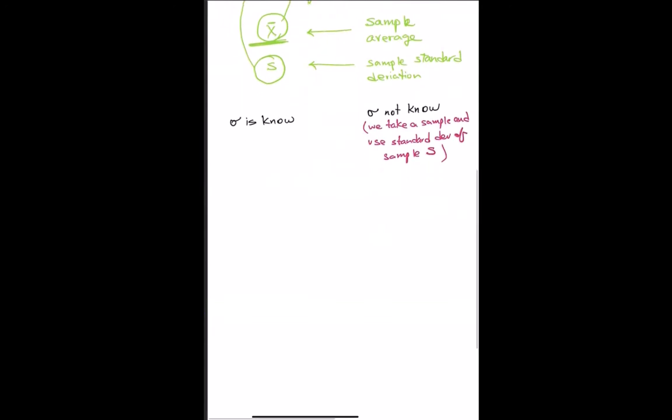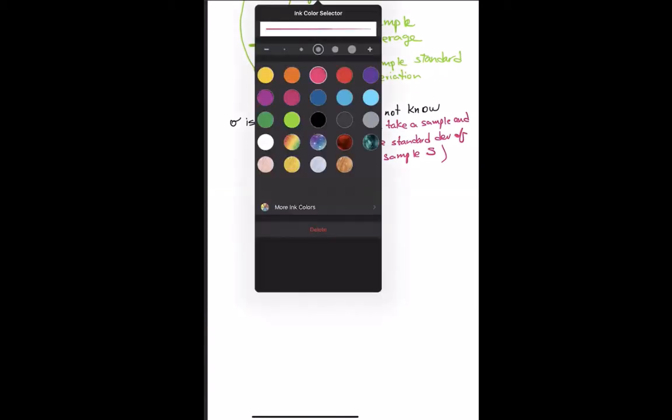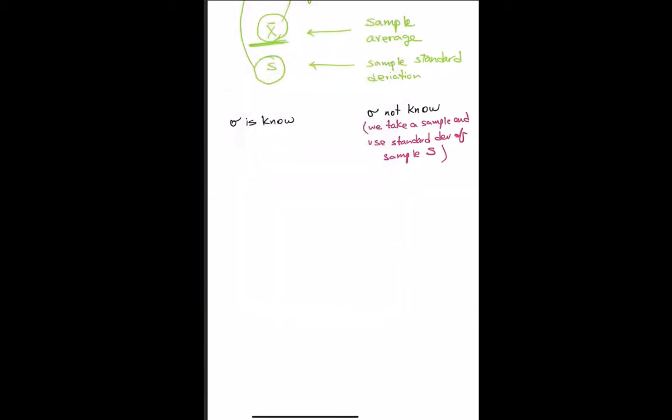And then the formula that we use would be different if we know sigma or if we don't know sigma. Similar to the confidence interval, where we ended up with two sets of formulas for when we know sigma and when we do not know sigma, for the hypothesis test it's the same too.